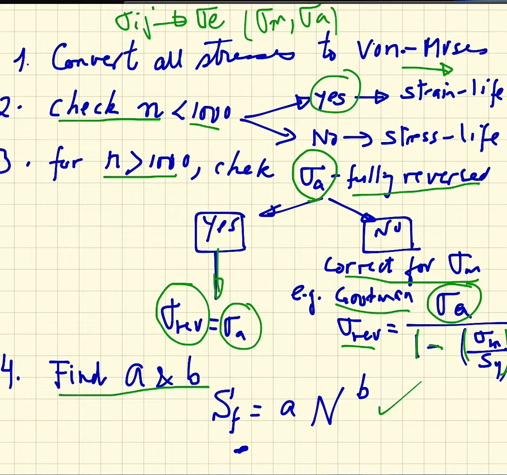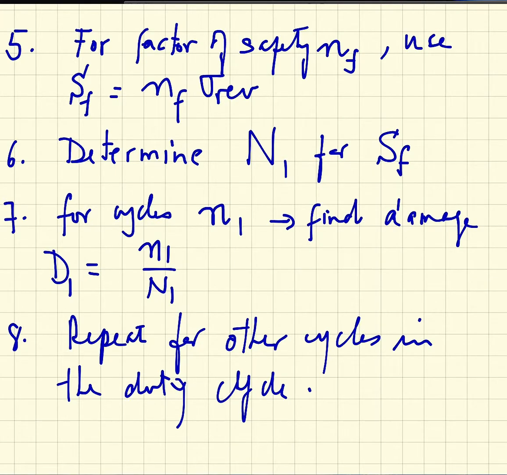and once we have SF, we have to relate it to sigma reversible, and this relationship comes through the fatigue factor of safety. So simply we can assume that SF is the fatigue factor of safety times sigma reversible.